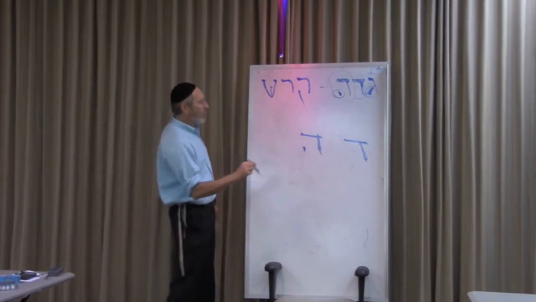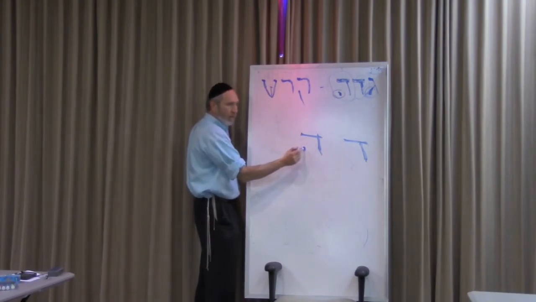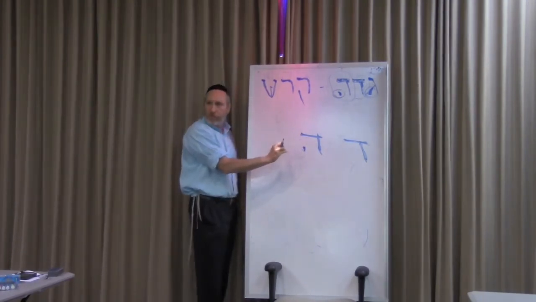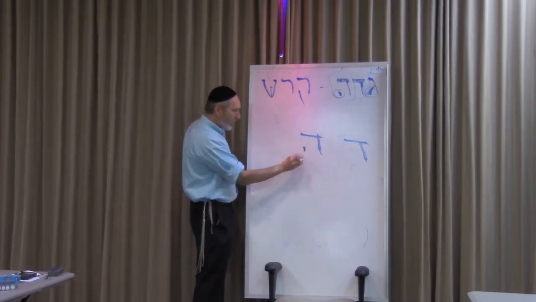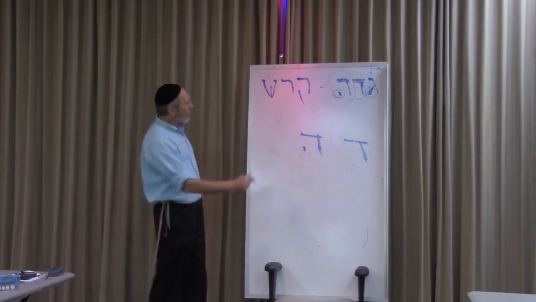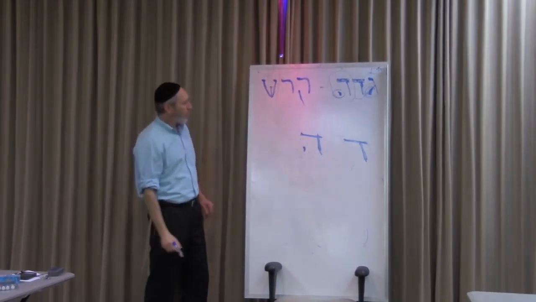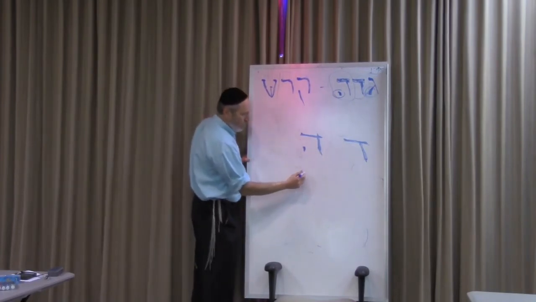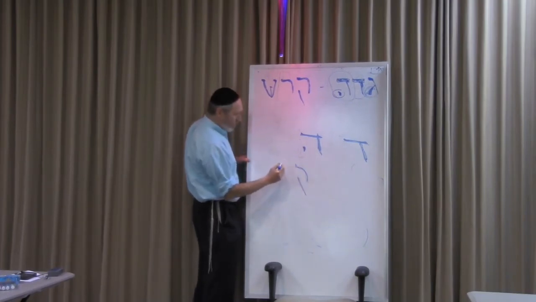And you look at the Dalet that then was given this embryo. And you look at the letters over here, and you see something that's very fascinating. You see the letters Kuf and the letter Resh.